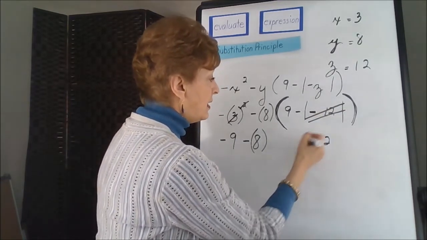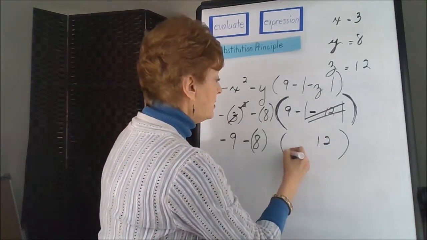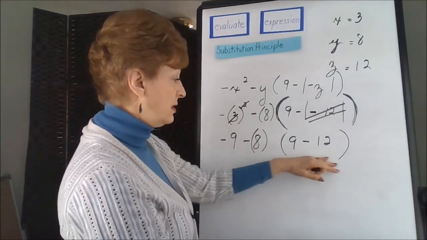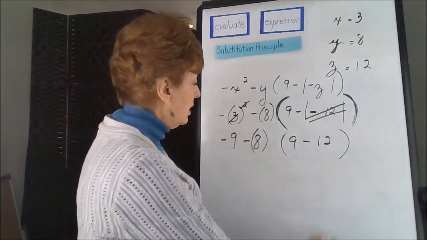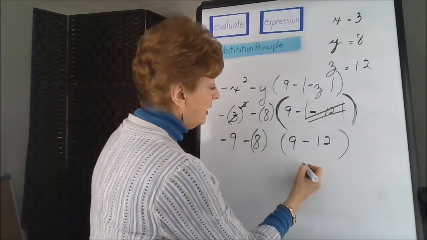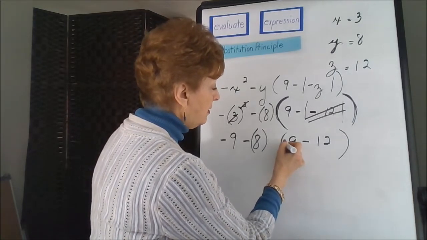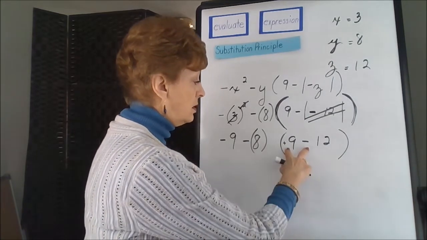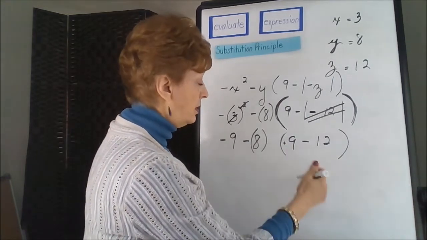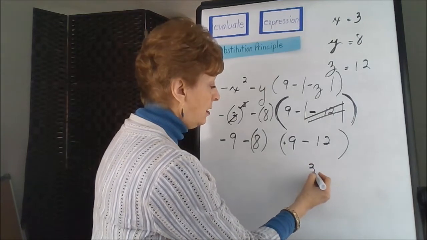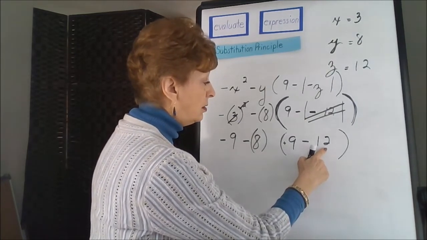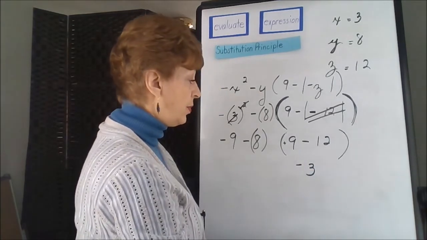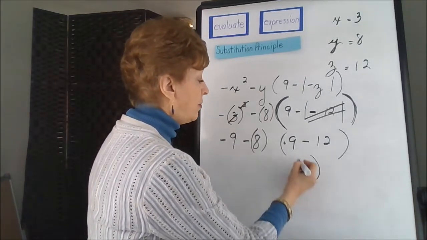The rest of what's in the parenthesis is 9 minus 12. This parenthesis still needs to be dealt with. 9 minus 12. In this case, we've got a positive 9, a negative 12. Those are different, so we're going to need to subtract the numbers. 12 take away 9 is 3. But the bigger numeral, 12, carries a negative sign. So it comes out of that set of parentheses as a negative 3.